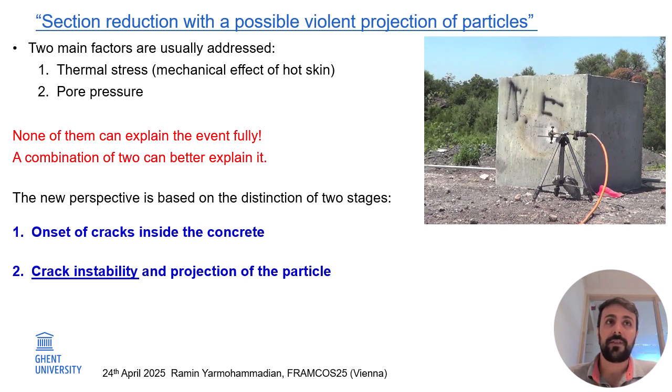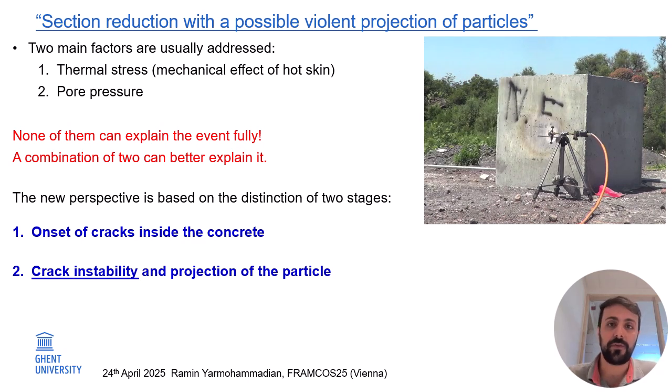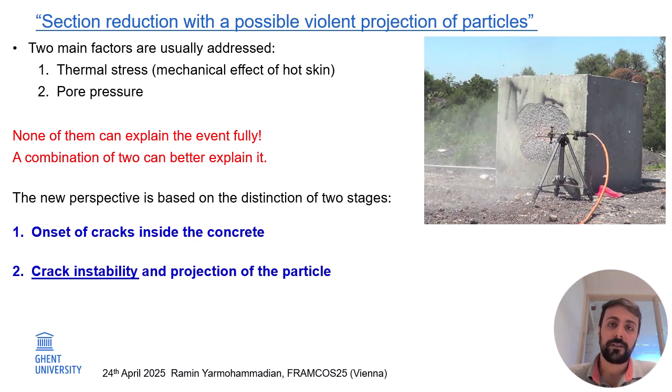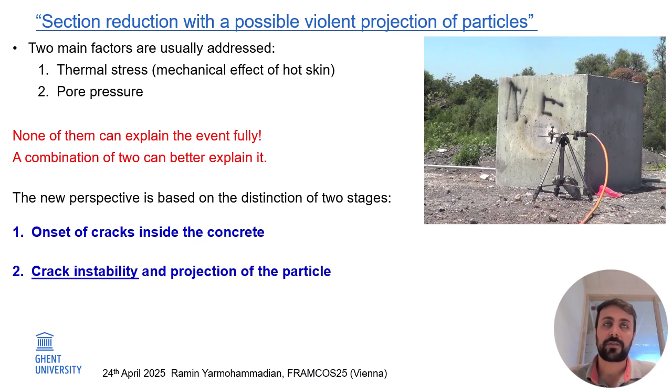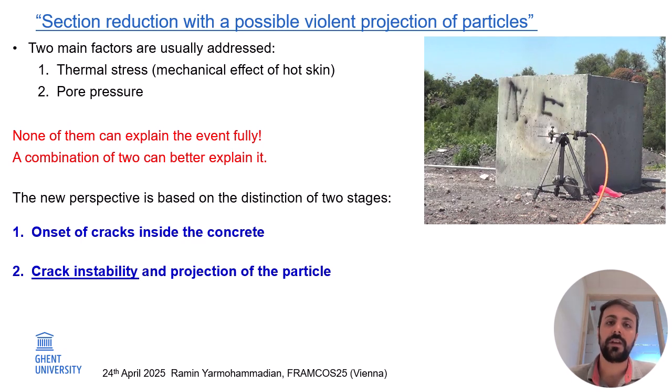In fact, having a stable crack can help from a structural point of view, since that crack can act as a thermal barrier to stop the flux of thermal energy going into the inner part of the concrete, which is usually the core of the cross-section.